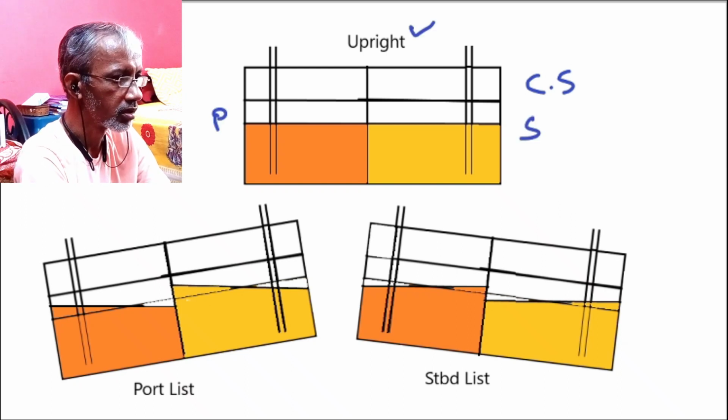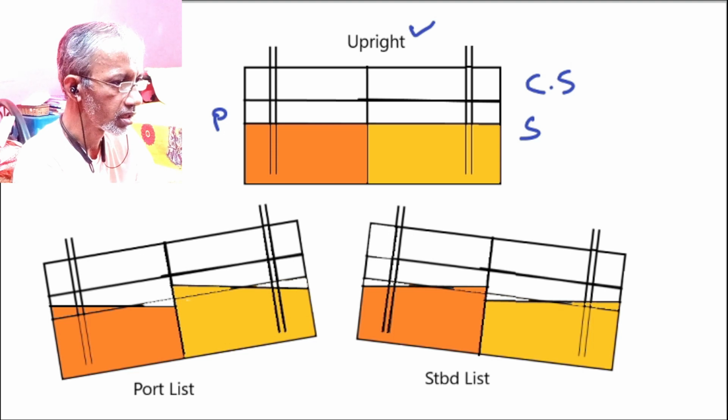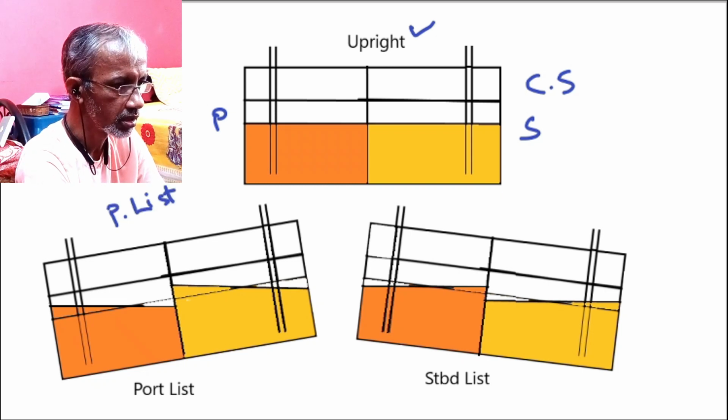And it can be seen that the sounding pipes are placed towards the outboard sides of the tank. Our main aim is to find out the calculation of the contents in the various conditions. In this condition, it is for the port list, and in this condition, it is the starboard list.